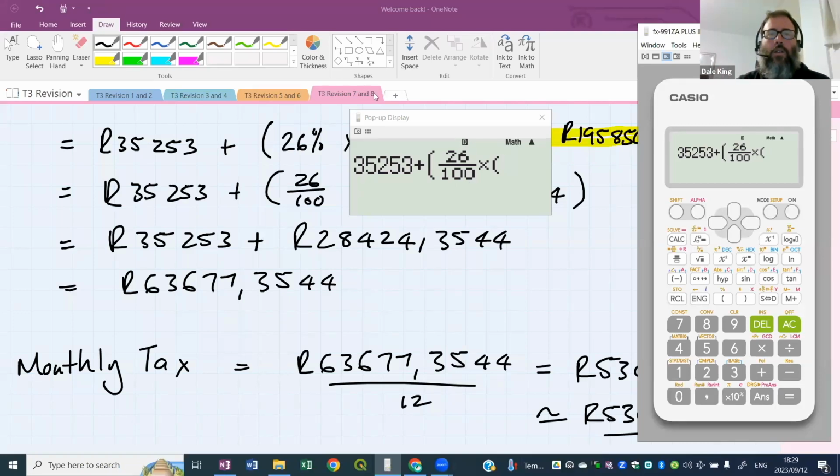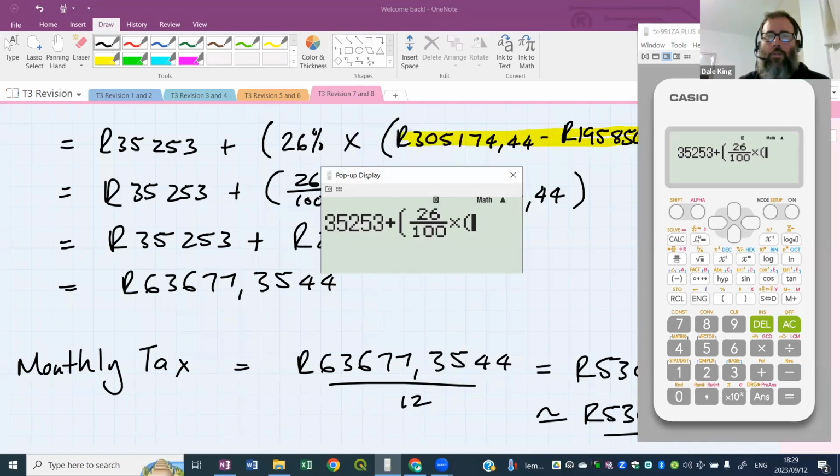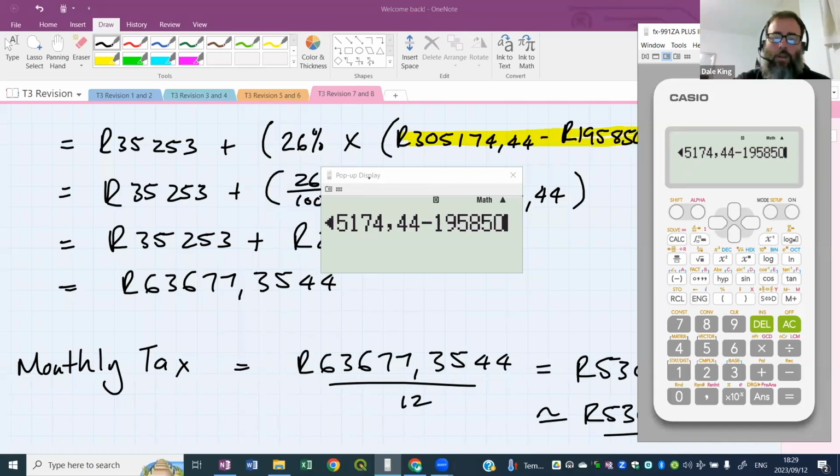So now we're going to do the 305. So check your calculator, Emmanuel, and what I have here, minus 195,850. Now, at the end here, once you've typed this in, you've got to close one bracket for the difference between the annual and the 195,850, and close the other bracket for 26% off.